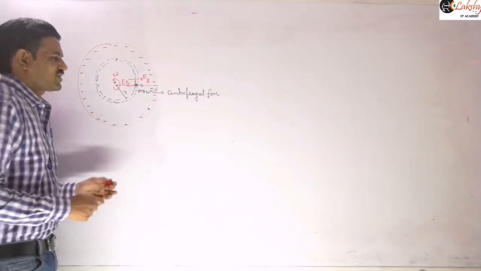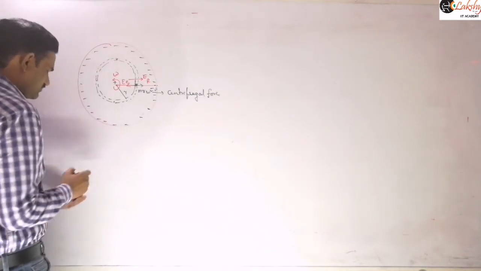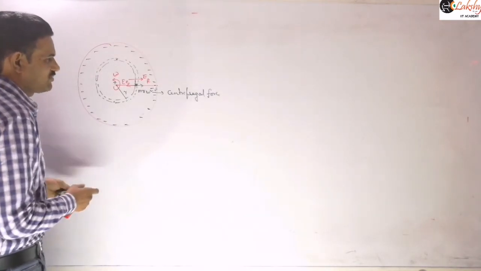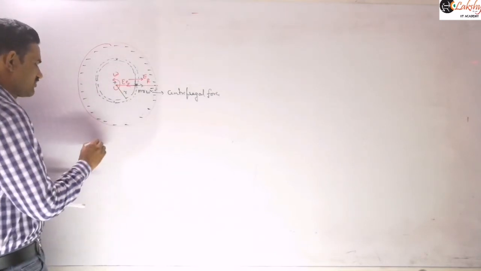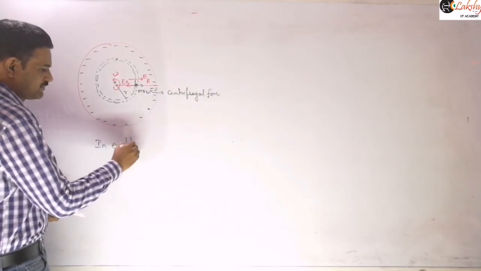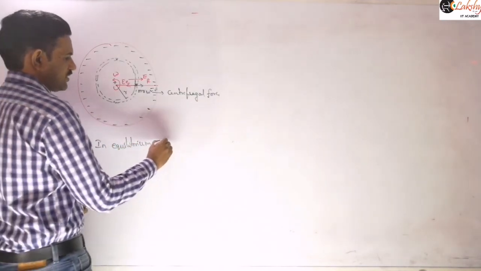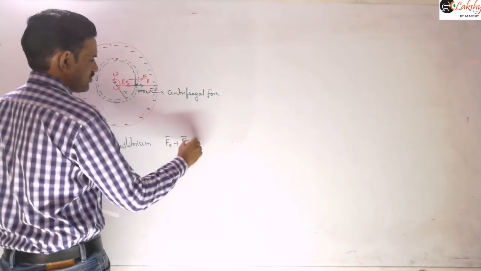And so what we can write here is, in equilibrium, so let us write here in equilibrium. This displacement of the electrons will take place until it reaches equilibrium. So we can write this electric force plus this pseudo force is equal to 0.